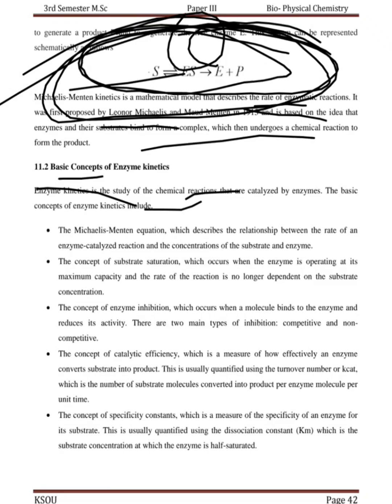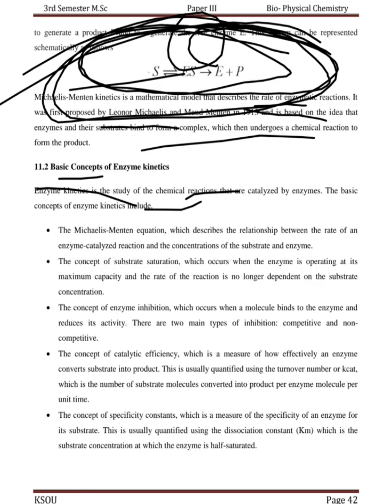Basic concepts of enzyme kinetics include the Michaelis Menten equation and the concept of saturation, which occurs with the enzyme operating at maximum capacity, and the rate of reaction is no longer dependent on the substrate concentration. What this theory explains is the rate of reaction no longer depends on the substrate concentration.